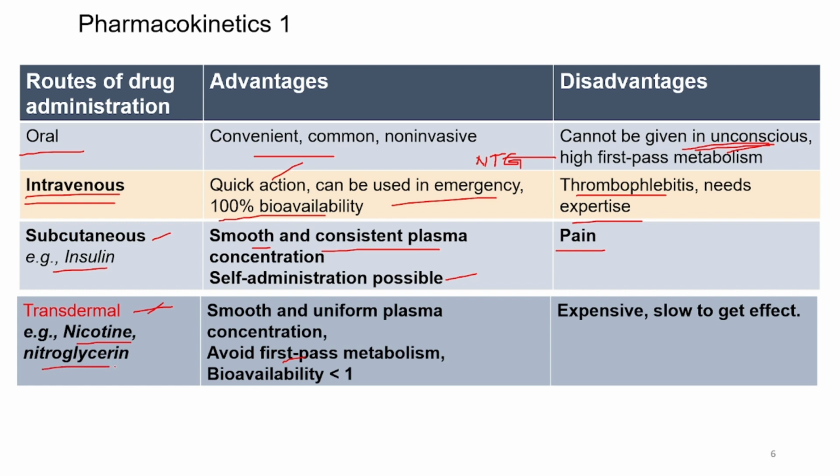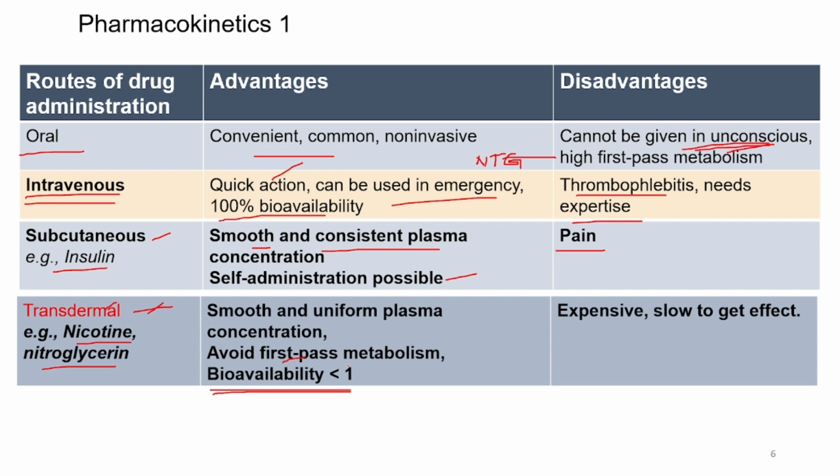And now we will go to the transdermal route of administration. Drugs like nicotine and nitroglycerin are administered here. There is no first pass metabolism, no liver coming in between before it reaches the systemic circulation. All the drug from the skin enters into the systemic circulation.